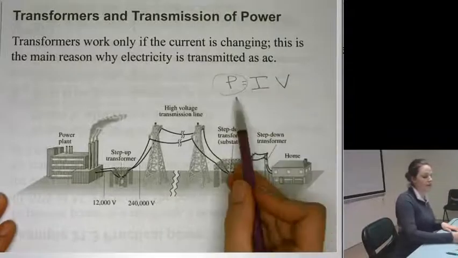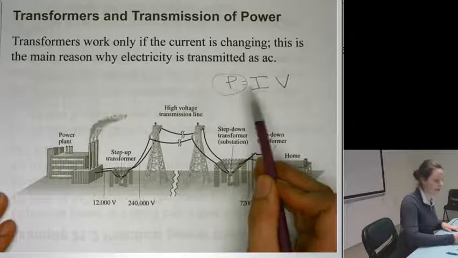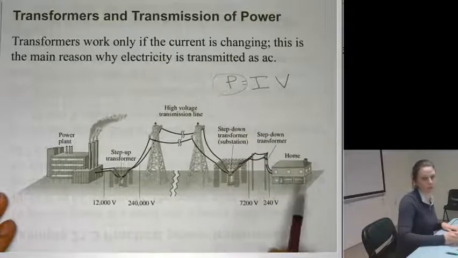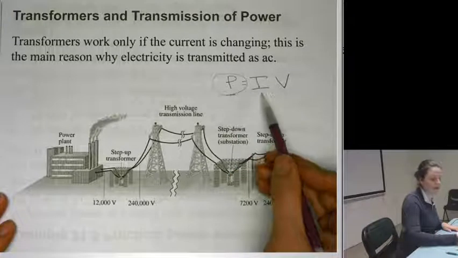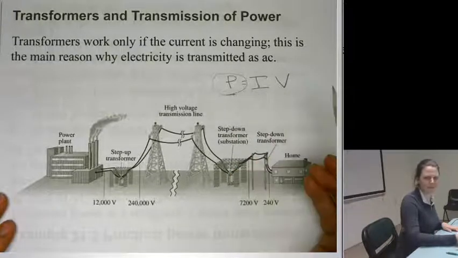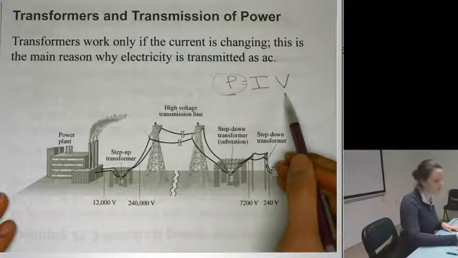The ultimate goal of our transmission system is to transfer power. We want to get power from the power plant to our home. You can have a lot of power either by having a lot of current or by having a lot of voltage.